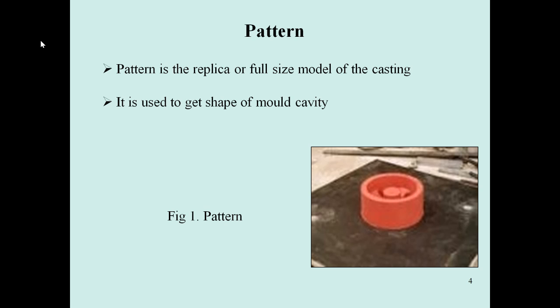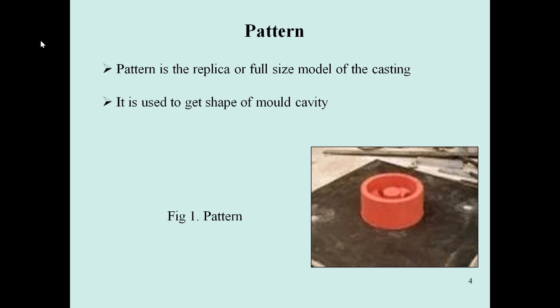A pattern is used to get the shape of the mold cavity. If the shape of the pattern is cylindrical, we will get the mold cavity in cylindrical shape only.